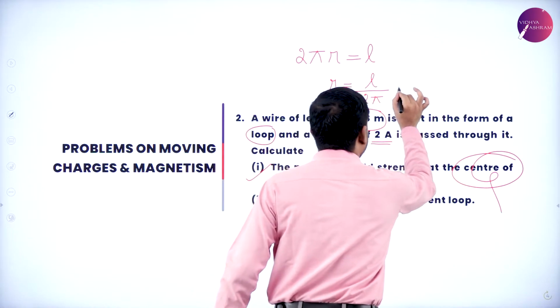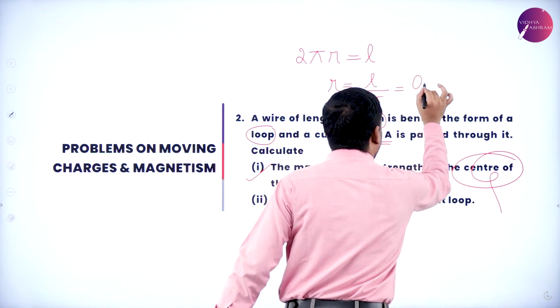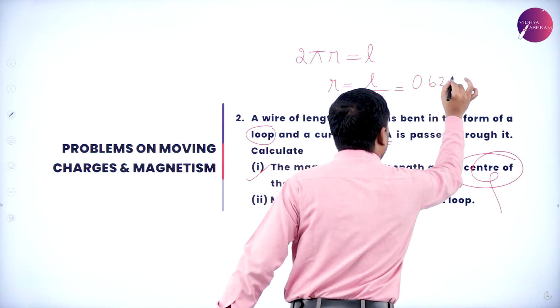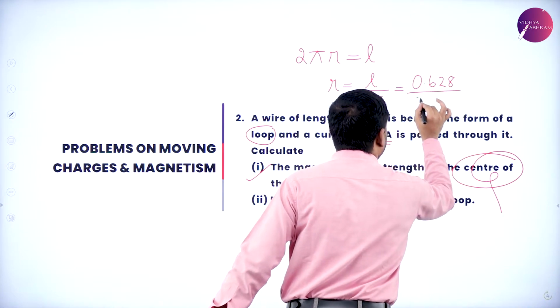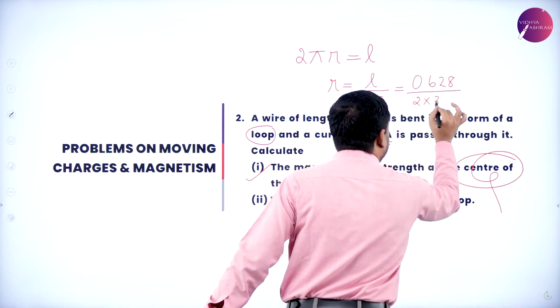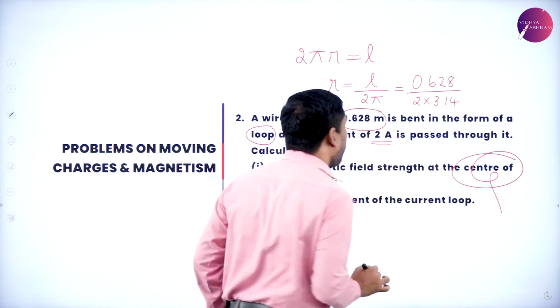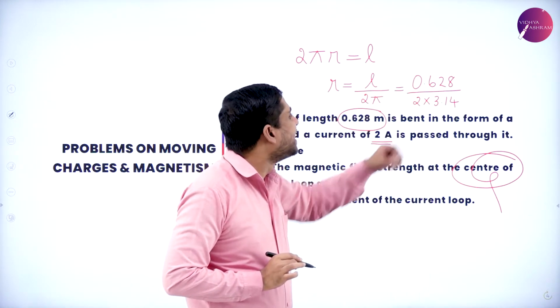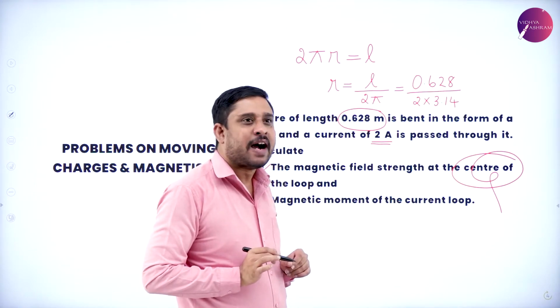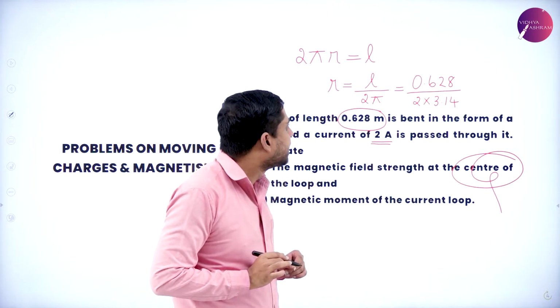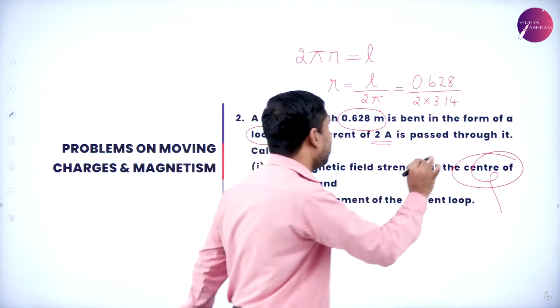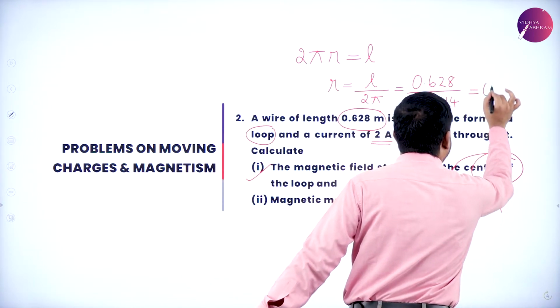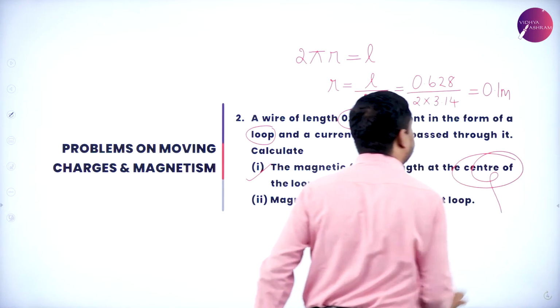That is 0.628 divided by 2 into 3.14. So 0.628 divided by 6.28, which is 0.1 meter.